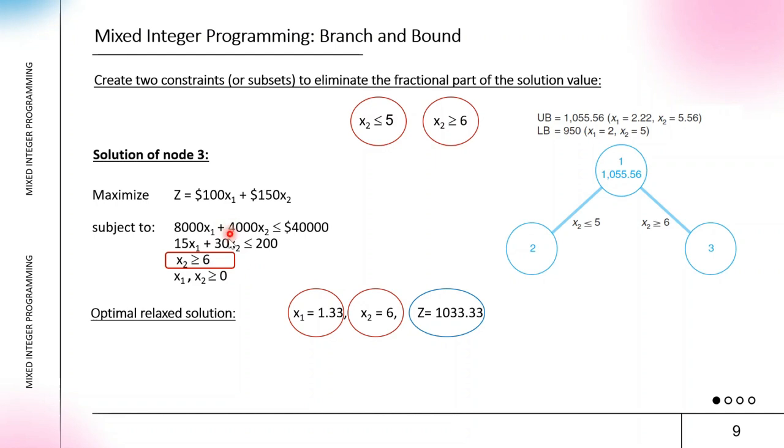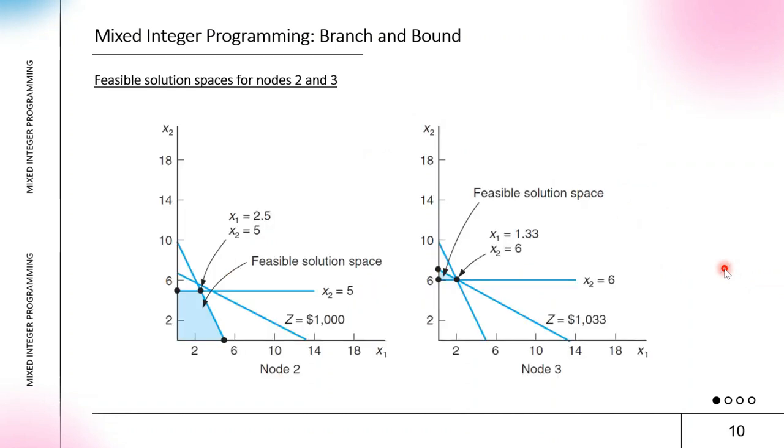In this optimal solution, x1 is 1.33, x2 is 6 with a profit of 1033.33. Both solutions obtained in node 2 and node 3 have fractional parts, but it's another piece in the puzzle. And as we go deeper, we get closer to the optimal integer solution.